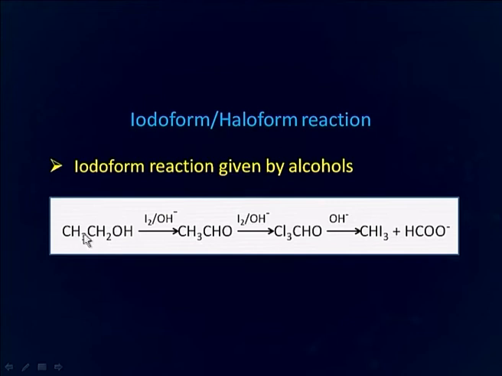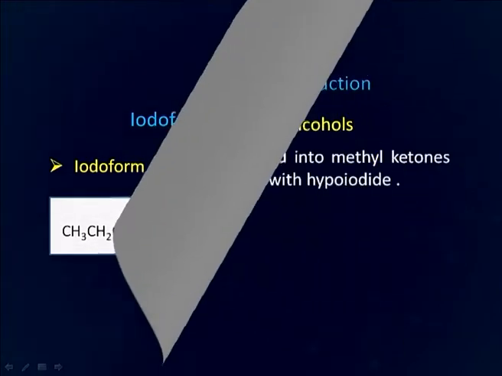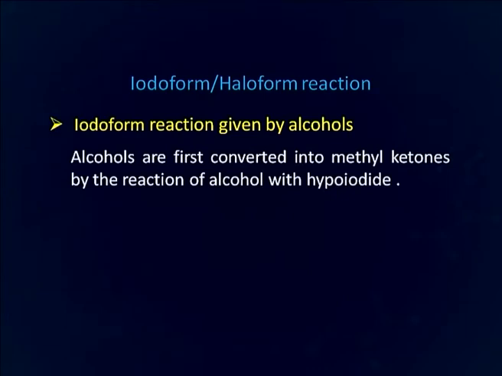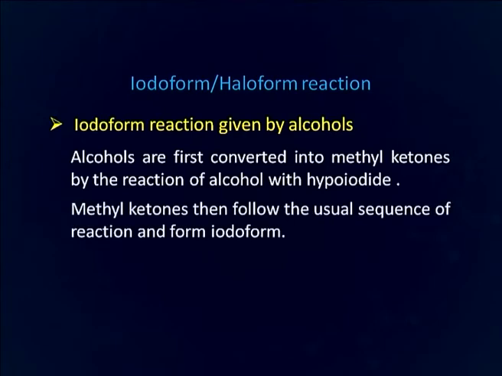It does not have any CH3CO group, but when it is treated with iodine in alkaline solution, it is converted into acetaldehyde, which has a CH3CO group, and that is why it gives a positive iodoform test. Alcohols are first converted into methyl ketones by reaction with hypoiodite. Methyl ketones then follow the usual sequence of reactions to form iodoform.